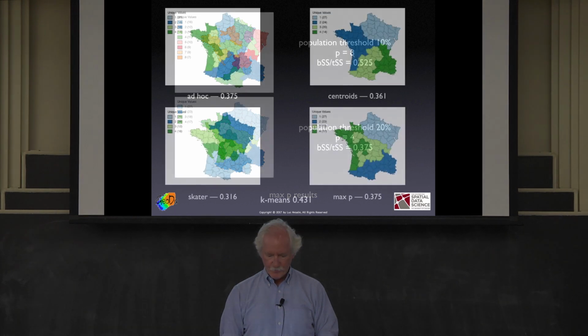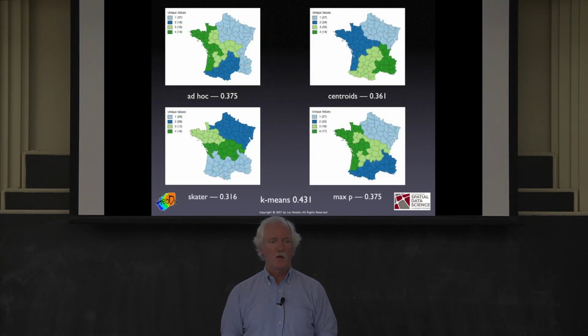So here's a quick comparison of all 4 for the 4 case. There's my eyeball method, which gets exactly the same solution as the max-p. Centroids is fine, but not better than SCHC in this example, though that's not always the case by any means.